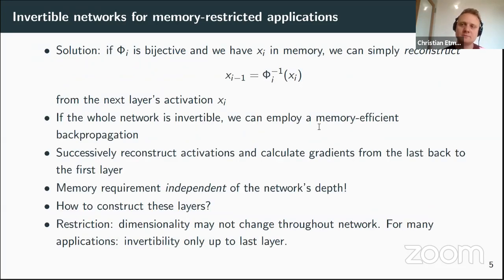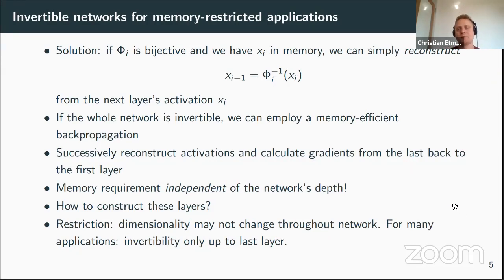One solution for this is using layers that are bijective, or one would say invertible. And if we have the outgoing layer's activation still in memory, we can simply reconstruct by inverting x_i in this case under the layer, such that x_{i-1} is equal to the inverse of our invertible layer applied to the outgoing layer's activation.